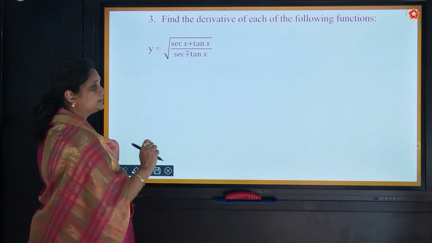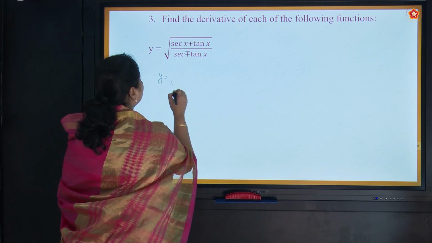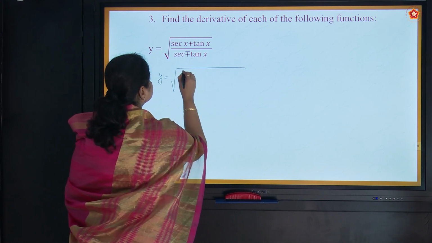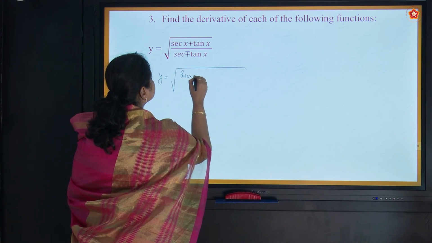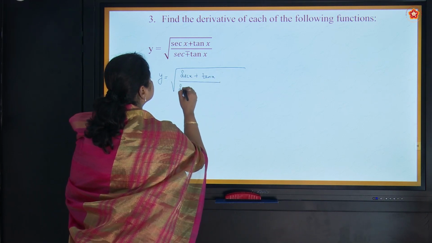So what's the next method that you can do? You can rewrite y and then go ahead differentiating. That is, you can multiply and divide by the conjugate.